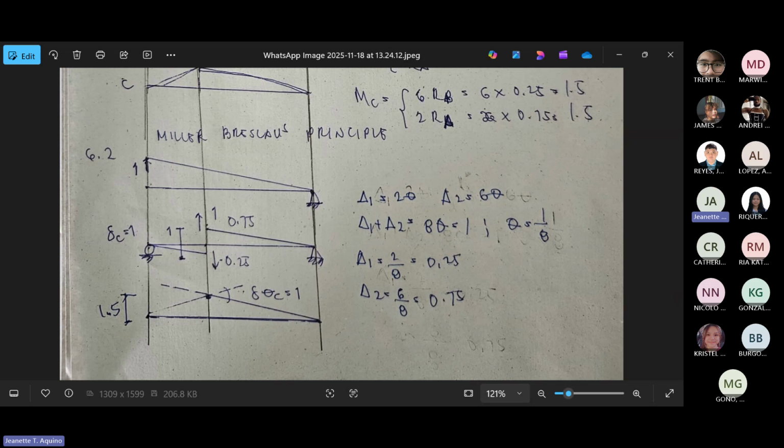So we have to remove the capacity of the shear here, and then place it.